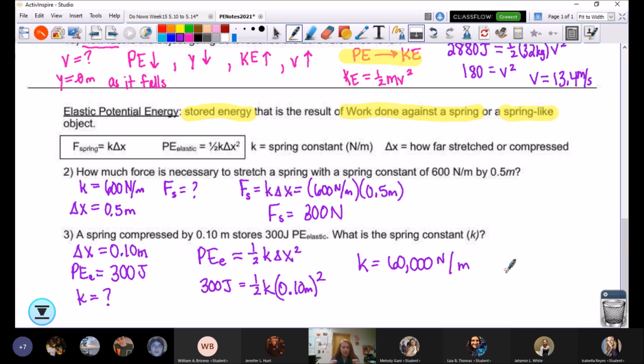But I want you to think conceptually now, how much potential energy does it have once I let go? It's no longer stretched. It's not at rest. So how much potential does it have? Zero. It doesn't have any potential anymore. I let go.